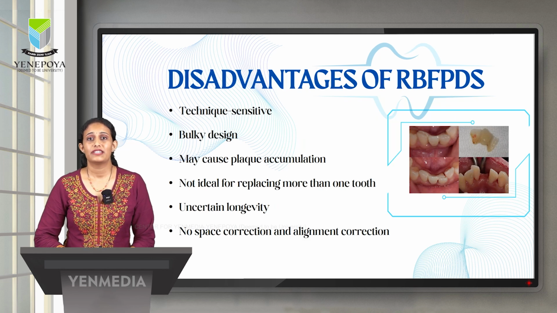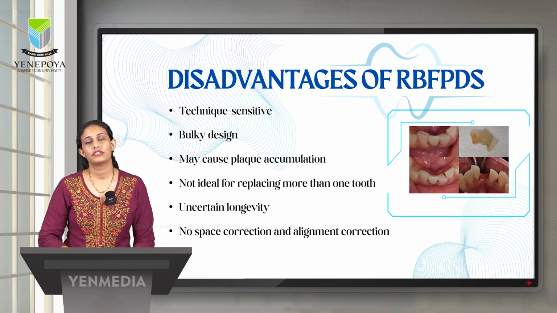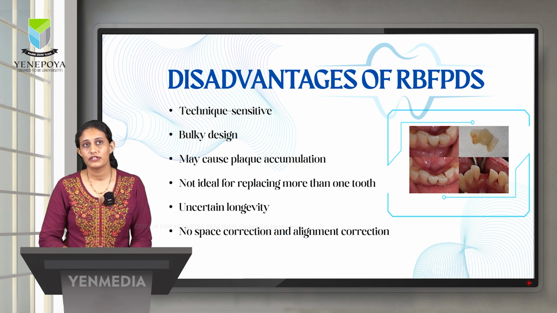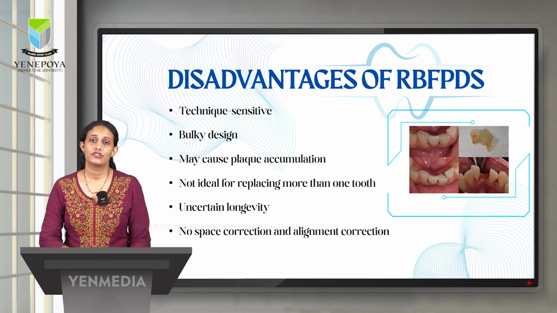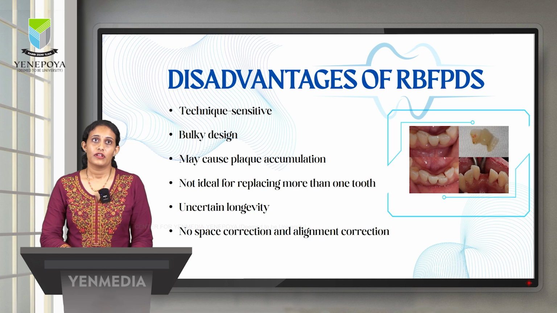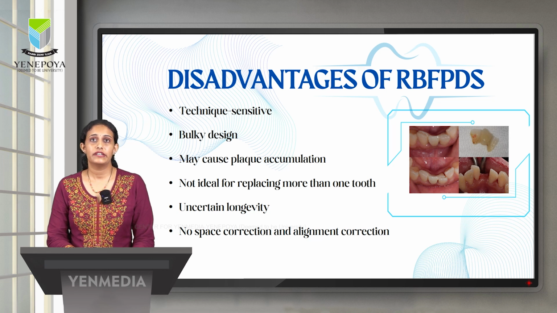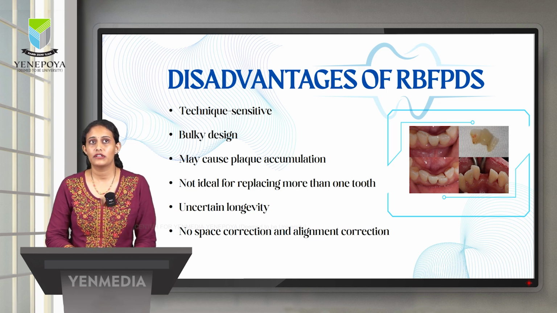Now moving on to the disadvantages of resin bonded bridges. It is very technique sensitive, and if the technique of bonding to the tooth structure is not followed, the debonding of the resin bonded bridge takes place, and it may also cause plaque accumulation if the design is not correct. It has a bulky design, so it may cause irritation to the tongue.